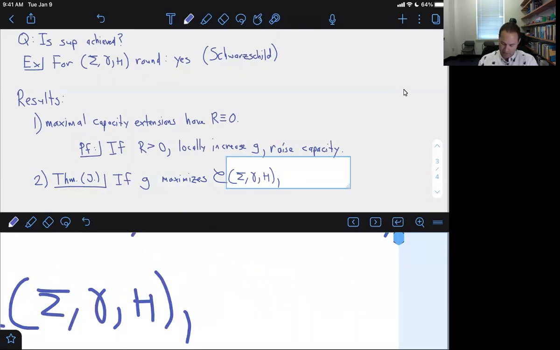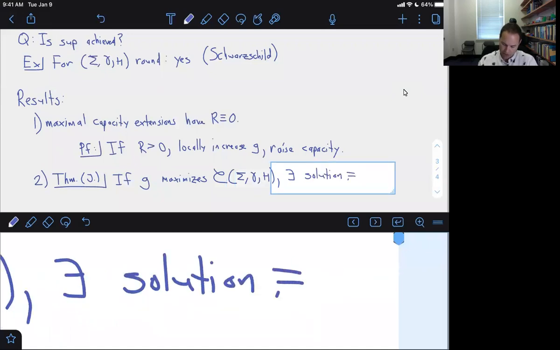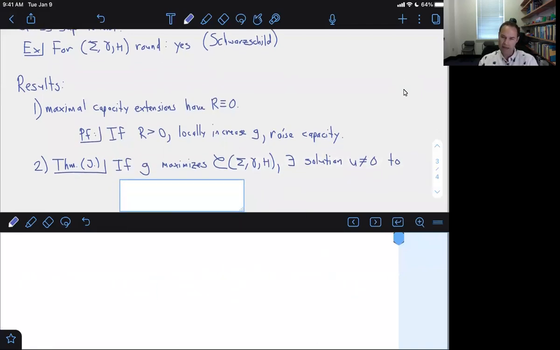So if it maximizes this, then there exists a non-trivial solution u to this system of equations.